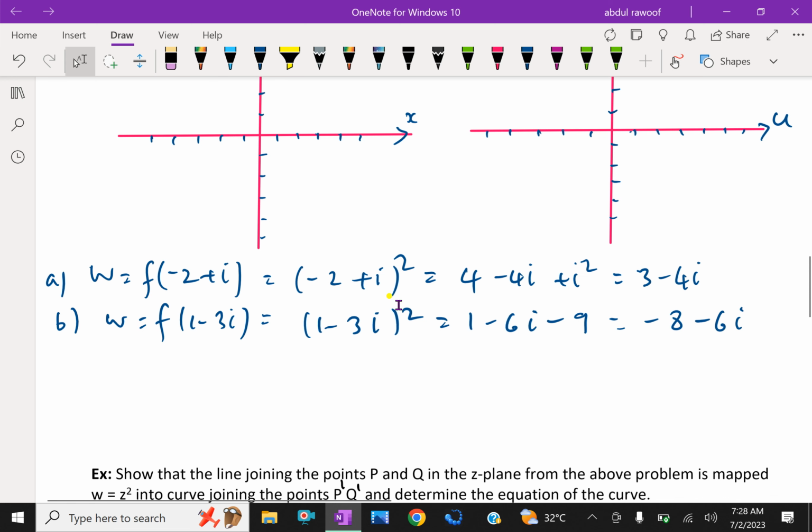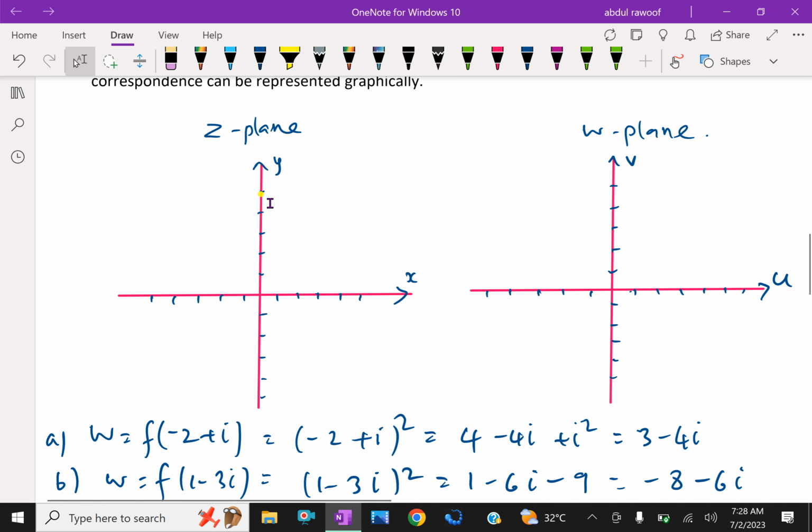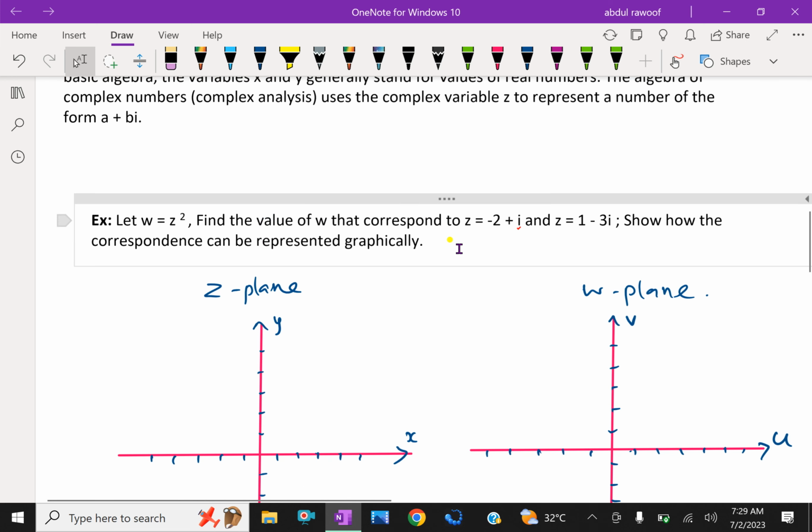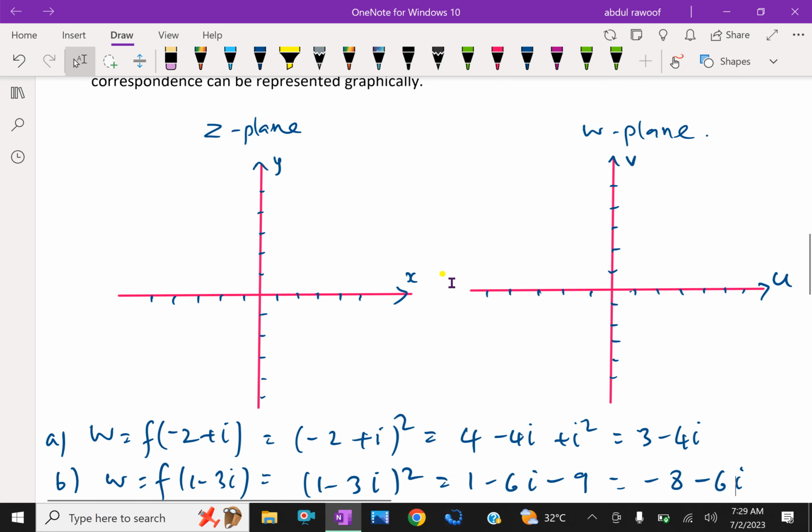Now we'll plot these points in both planes, first in the xy plane. Suppose the first point is point P, minus 2 plus i.